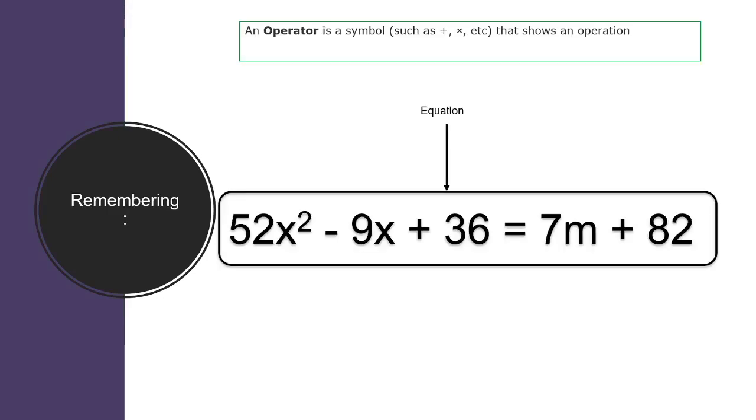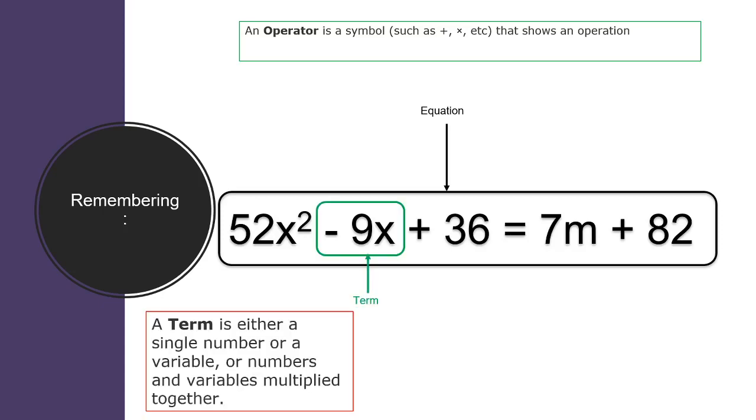Now, let's have a quick look at how this breaks down. So we have an equation here. An equation's made up of lots of things. We have our operators, that's stuff like squares, minuses, times, divides, those types of things. Now, when we look at the smallest parts, we look at the terms.